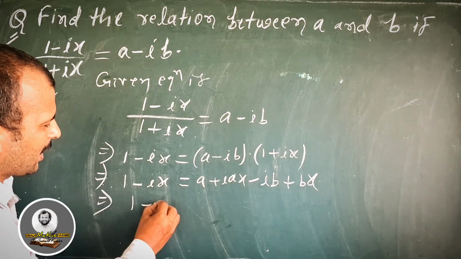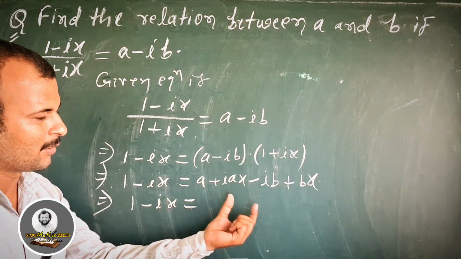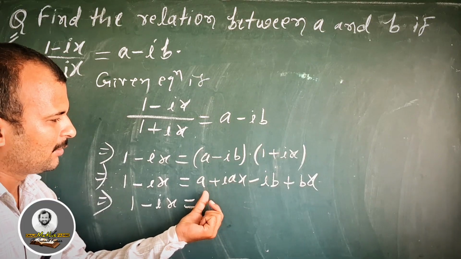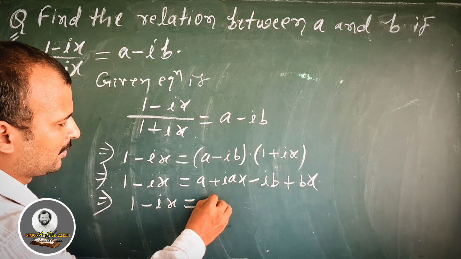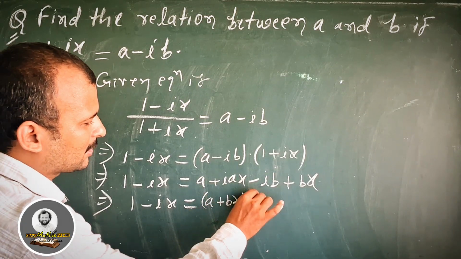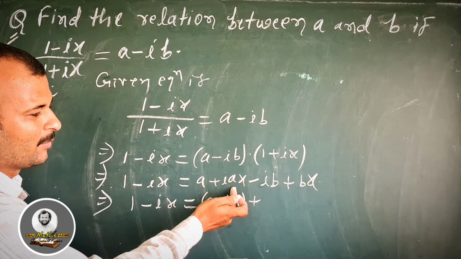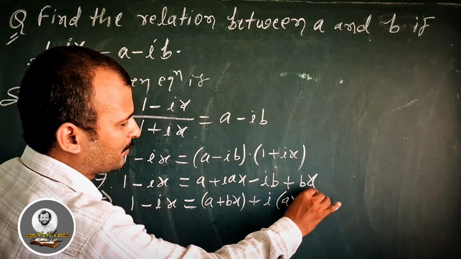Thus we get 1 minus iota x equals, grouping the real part together and the imaginary part together, a plus bx, plus iota common from these two terms, iota into (ax minus b).